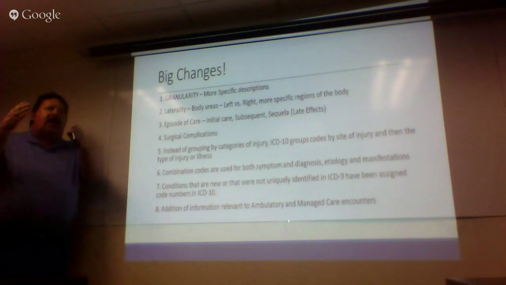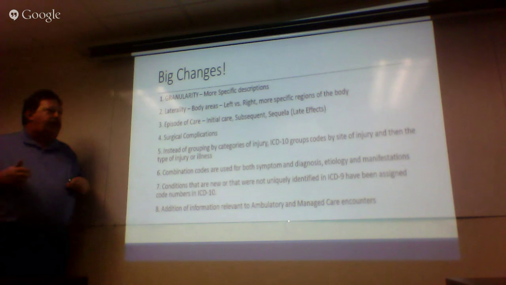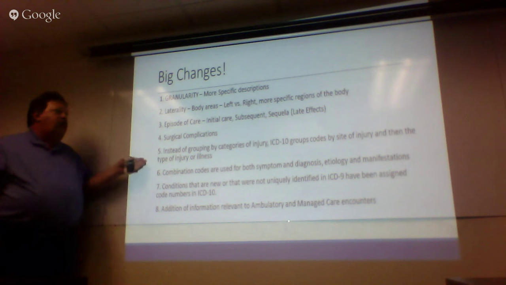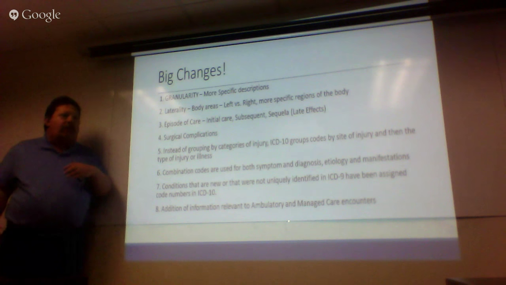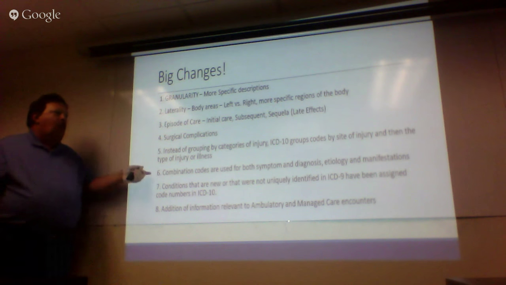It's what occurred in this particular area. If we're going to talk about bones, it's the entire bony structure of the body. So instead of grouping it by a broken bone or a cut or whatever, we say it's a cut to the arm, it's a cut to the head. It's much more specific by areas of the body.